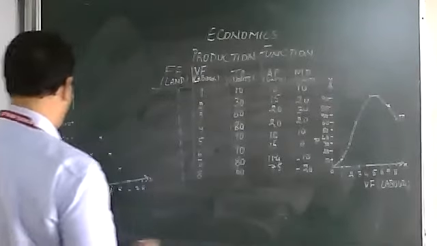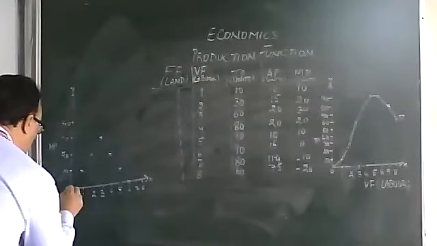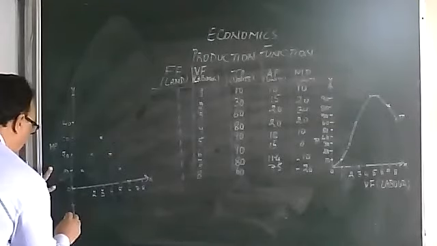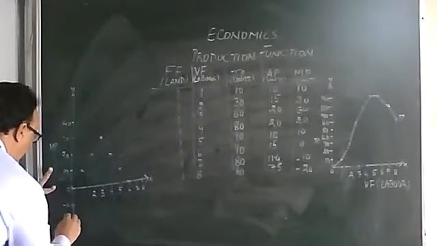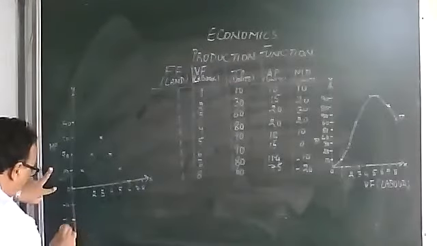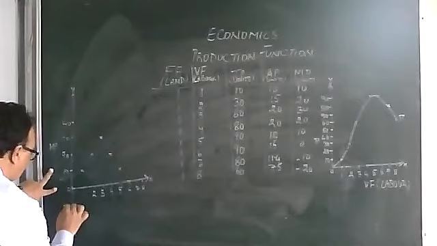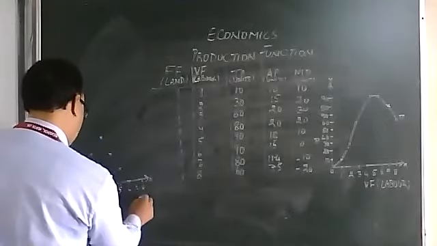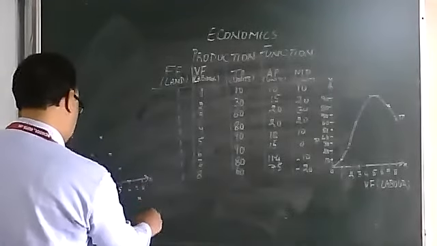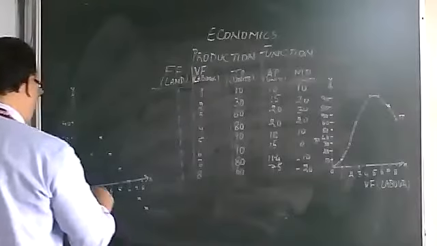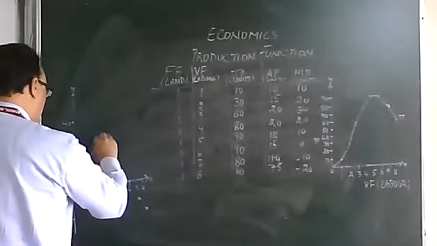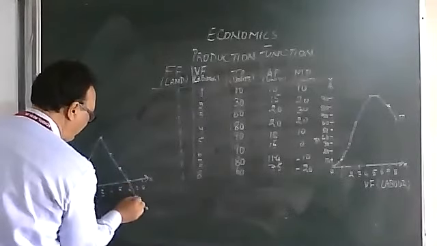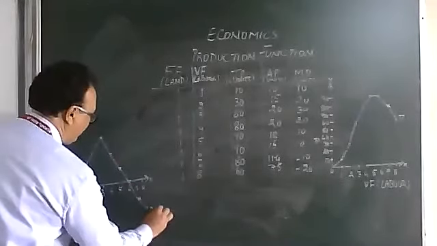Then 7, minus 10, below this. So when it is 7, it is minus 10, that is over here, and when it is 8, it is minus 20 here. Join the points. This is your MP.